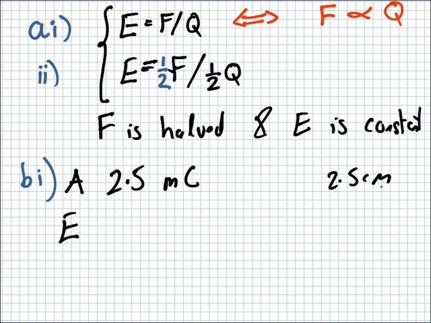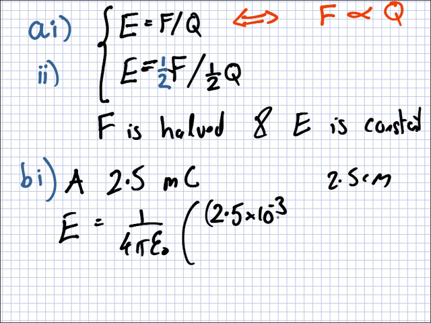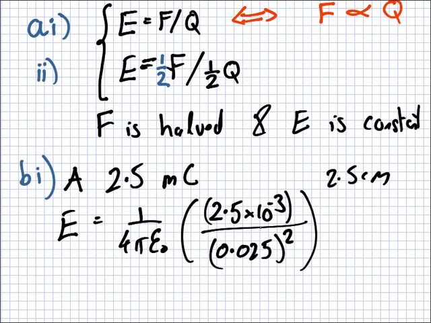Okay, so that's our formula: 1 over 4 pi epsilon 0, Q over r squared. Isn't that it?